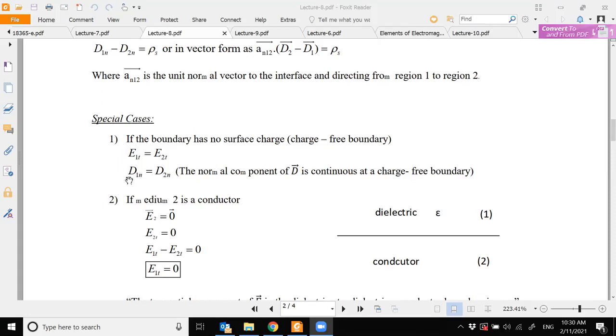Because D1n will have epsilon 1 here, D2n will have epsilon 2 here, and epsilon 1 and epsilon 2 will not be equal. So therefore, we will not say that E1 normal is equal to E2 normal. If it is a charge-free boundary, we cannot say E1 normal is equal to E2 normal. Wrong. D1 normal is equal to D2 normal.